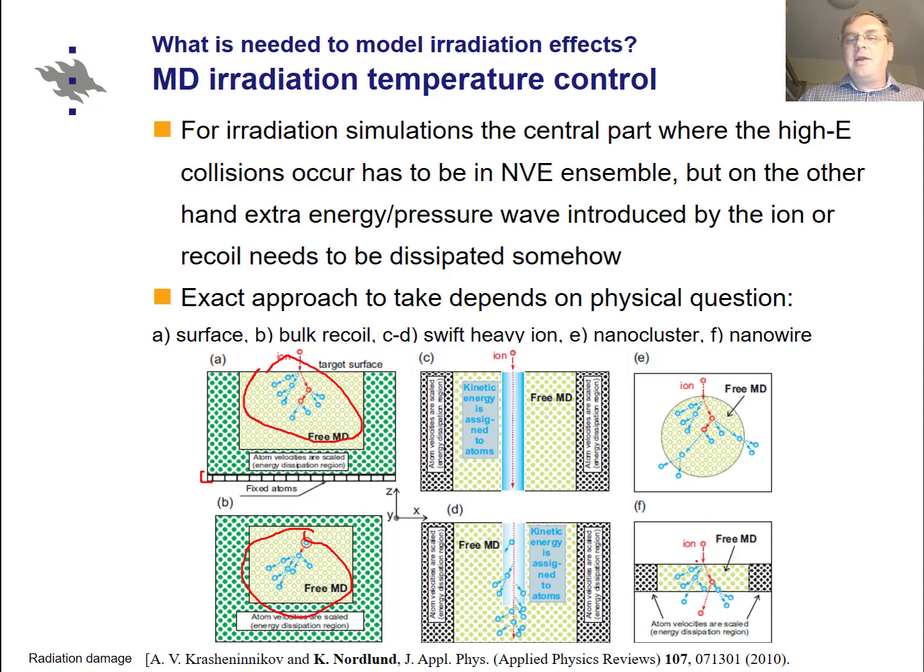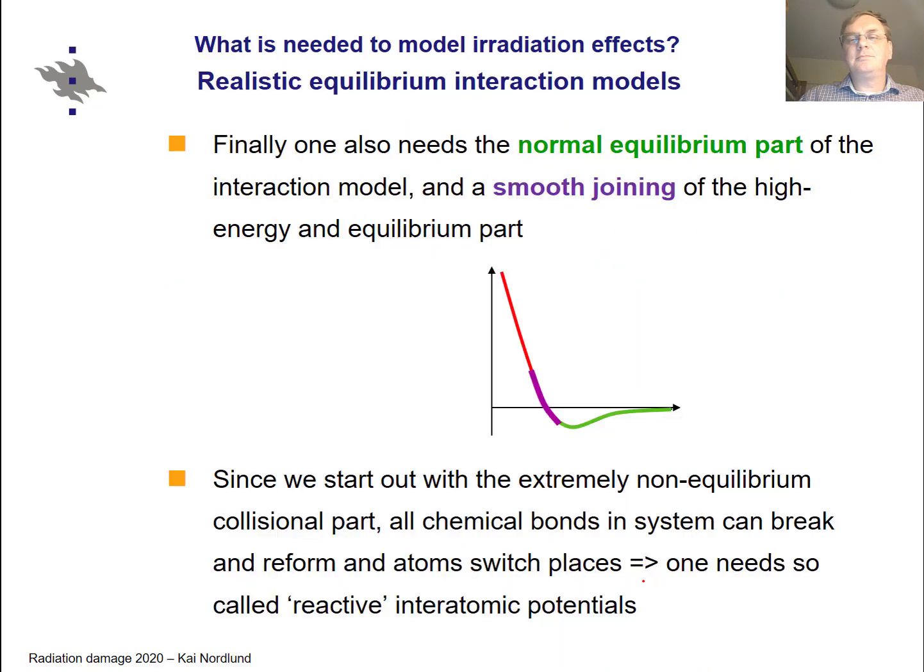And for a nanowire, one may want to do this: you simulate the ion impact with free MD, but then have temperature control in only one dimension of the system. And finally, I mentioned already the issue of the repulsive part and the equilibrium part. Of course, these two need to be joined, and there needs to be a smooth joining of the two.